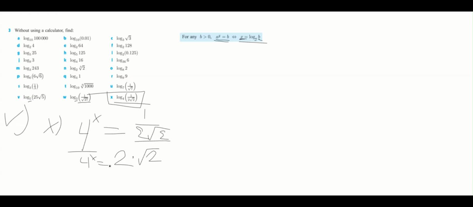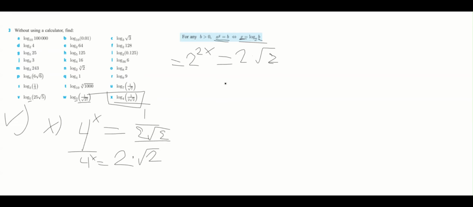So then I'm going to bring the bases to the same level. 4 equals 2 to the power of 2, so this equals 2 to the power of x times 2, so 2x. The reason is that 2 to the power of 2 equals 4, so I can say 2 to the power of 2x because it's x times 2. And this equals 2 times root 2.